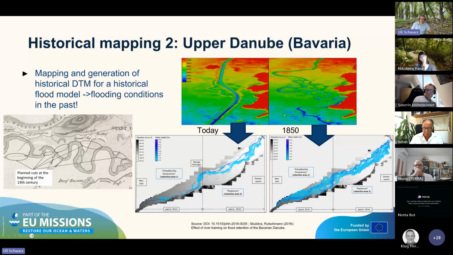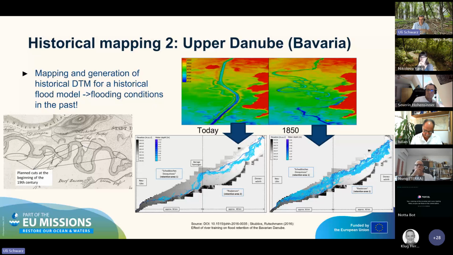When you run a rather simple 1D flood model over the current elevation model and the historical elevation model, you can see significant differences, and you can estimate what that means regarding sediment transport, accumulation, and remobilization of sediments from the floodplain.